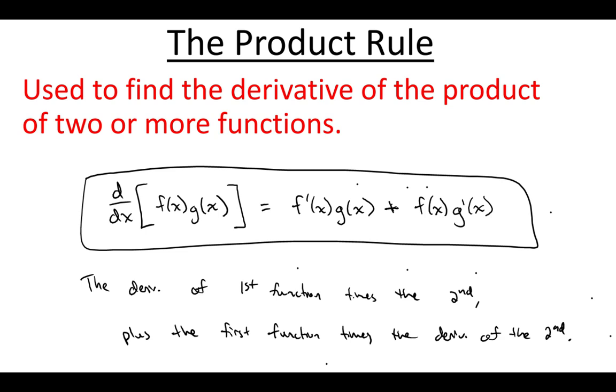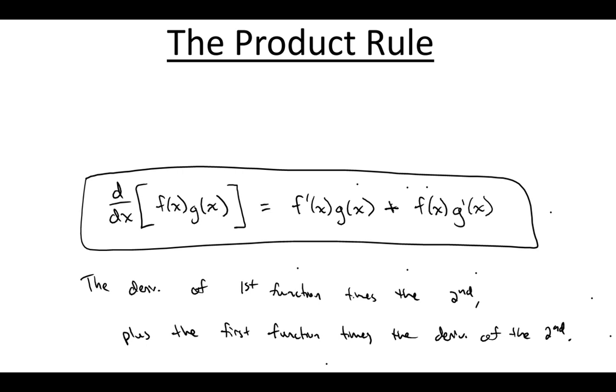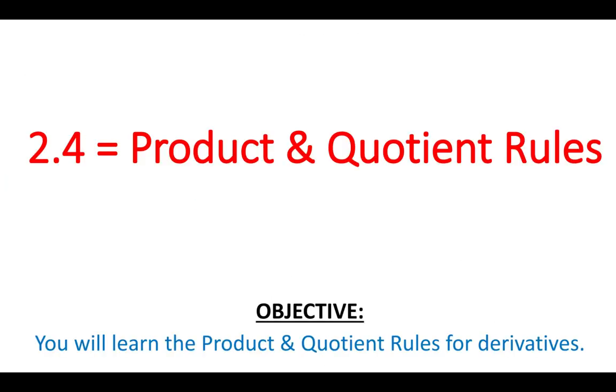Sometimes you'll see it switched around. Some people will prefer to write it as f prime times g plus g prime times f. You can write it however way you want, as long as you keep it in. And actually, it doesn't even matter the order on this one since it's addition. Oops, sorry guys.